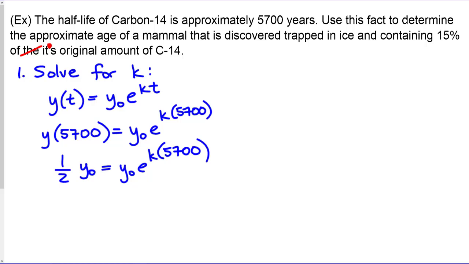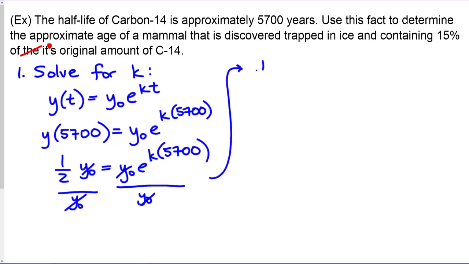So if you take this equation and divide both sides by y sub 0, it just cancels out on both sides, leaving you with 1/2 equals e to the 5,700 times k.